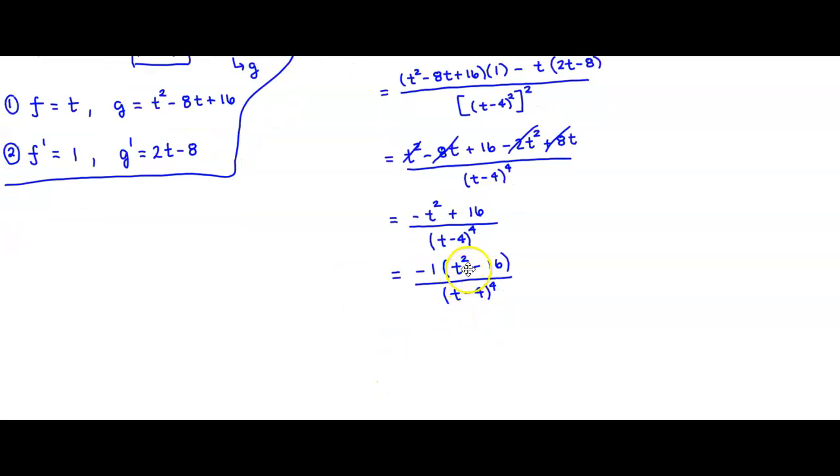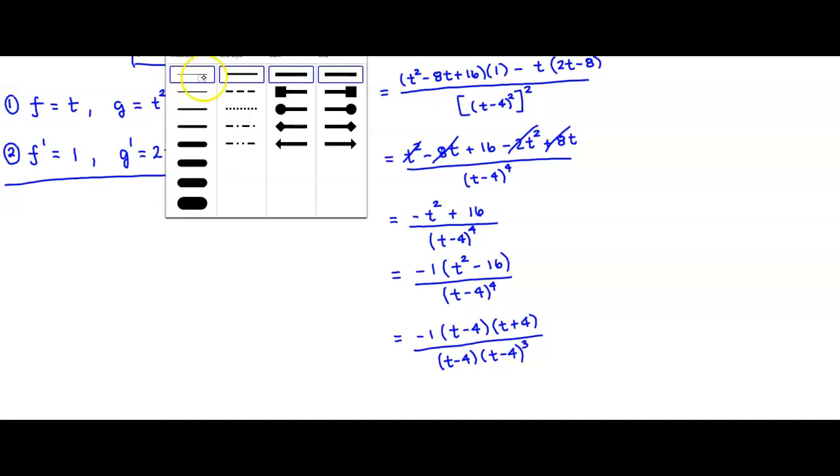Okay, and so what do we know about the t squared minus 16? Well, that's the difference of squares. So then we can factor that to be negative 1 times t minus 4 times t plus 4. And then in the denominator, we can factor out one of the t minus 4s. And then what's left is t minus 4 to the 3rd power.